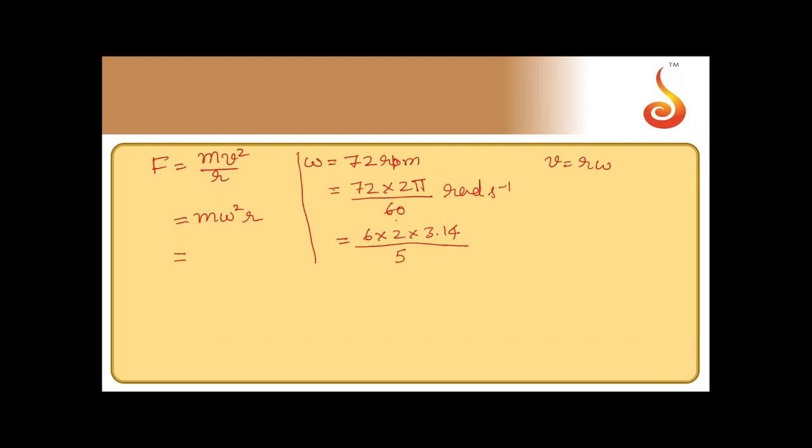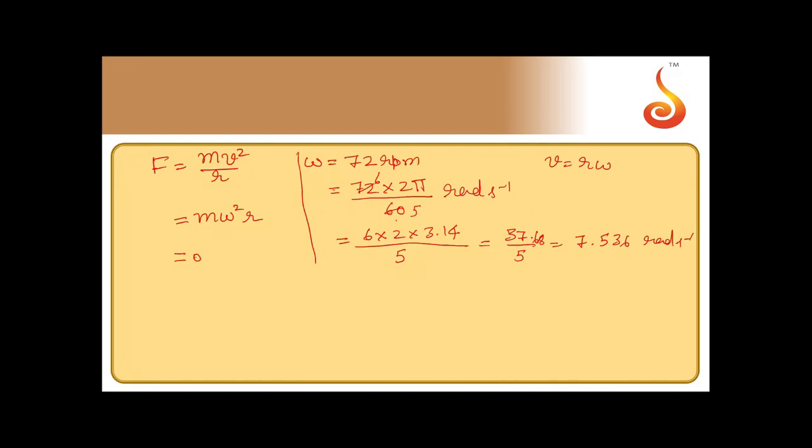So 6 into 2 is 12, 12 into 3.14 becomes 37.68, divided by 5, that is equal to 7.536. So this is omega, radian per second.